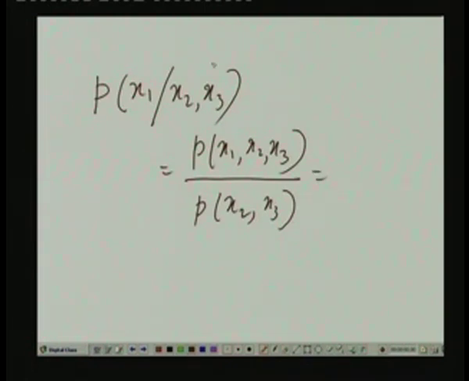And this probability density is nothing but like its integral with respect to x1 was giving you the conditional distribution. That means this density is nothing but the derivative of the distribution with respect to x1. That is, you can also write this as dF of x1 given x2, x3 over dx1. Okay.